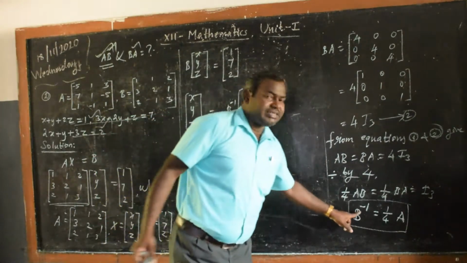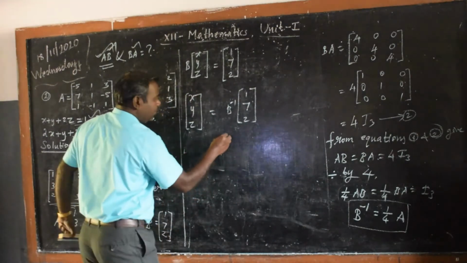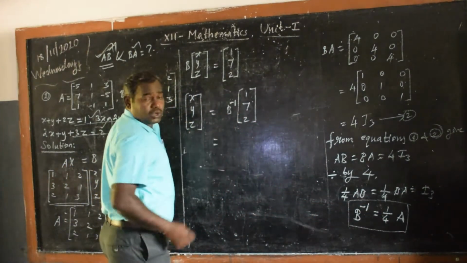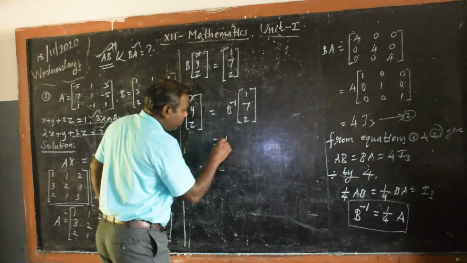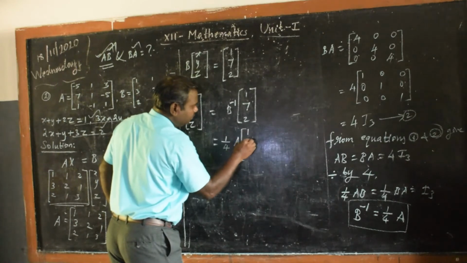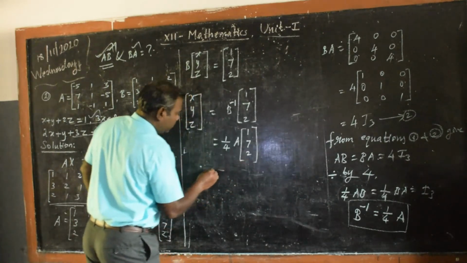The value of B inverse is 1 by 4 into A, so 1 by 4 into A again times this matrix 1, 7, 2.